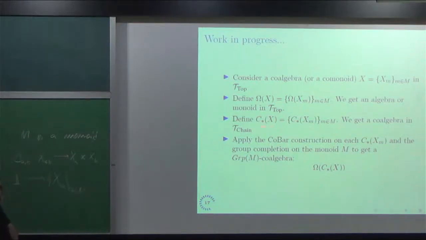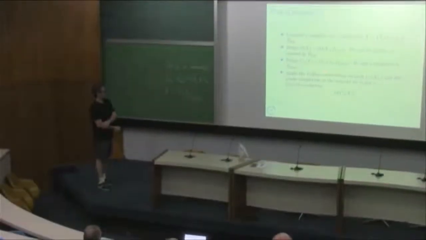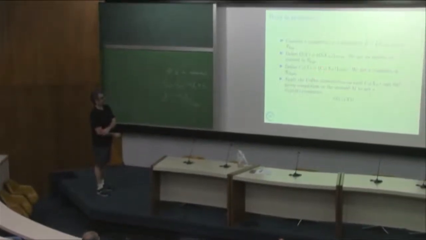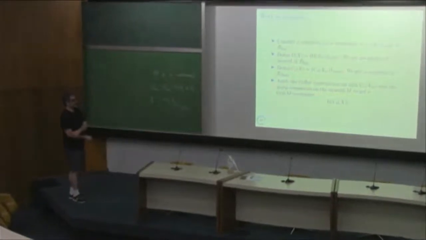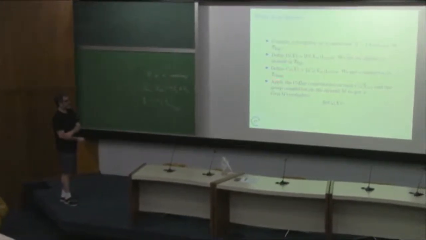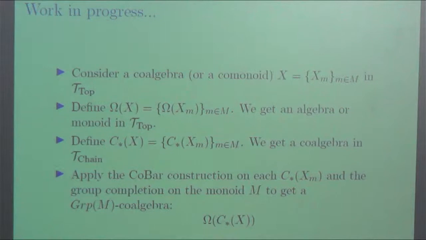And then you can also apply the singular chains on each X_A. In that case, we still have a coalgebra, but in a different category. It's a coalgebra in the Turaev category of chain complexes. Now we have a differential.